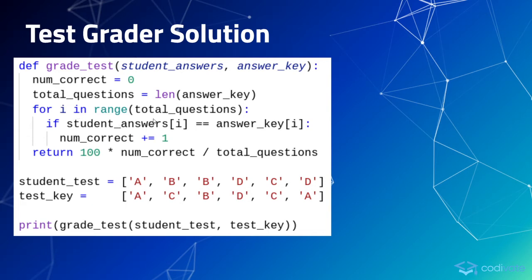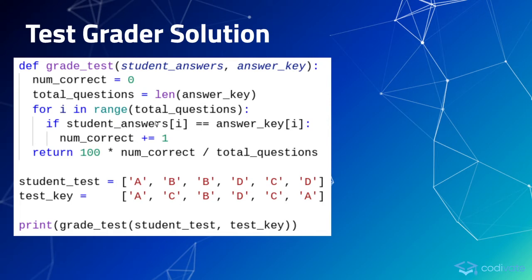If the student answer at the current index is equal to the answer key answer at the current index, we know that the student just got a correct answer. In that case, we increment numCorrect by 1, using plus equals 1. We keep doing this and loop through the entirety of both of the lists.